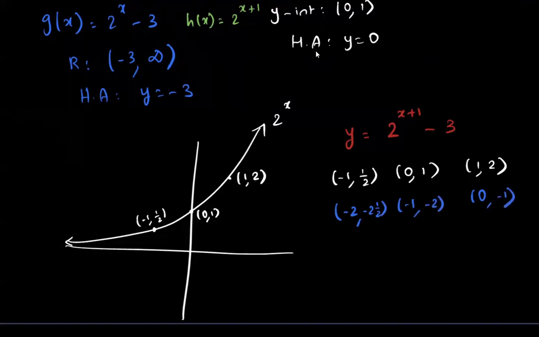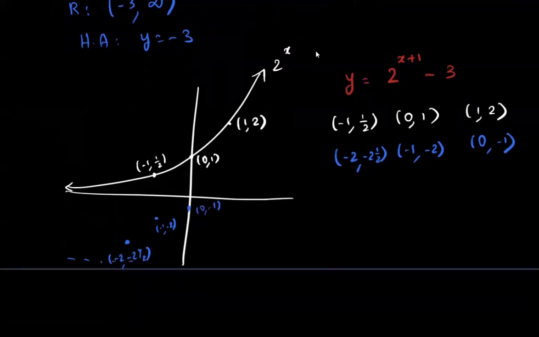So what are my new points? My new points are (-2, -2.5), somewhere here, (-1, -2), somewhere here, and then (0, -1) is here. My asymptote is here. Okay, so my graph is like this. Sorry about this graph.